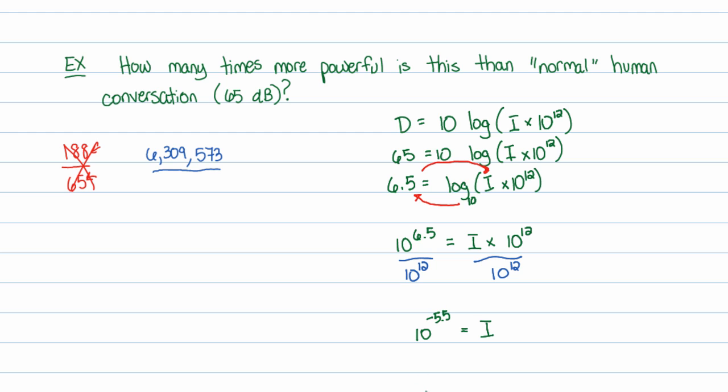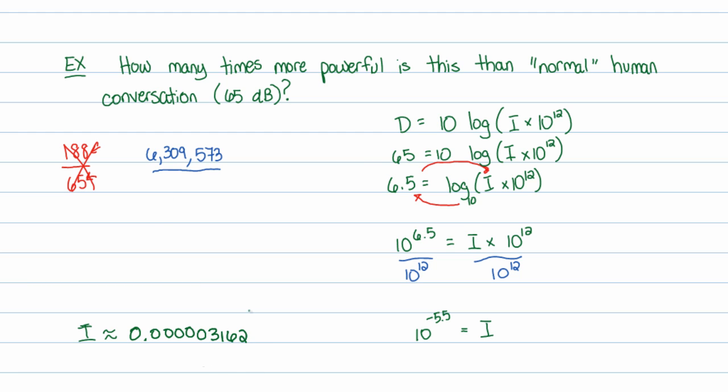So the intensity, the power level of normal human conversation, which is how much power you generate when you talk, is roughly equal to, well, all I'm going to do is plug this into my calculator that's in my hand right now. I get the following, that the intensity is roughly equal to 0.0000, I think I have one more zero in there actually, 0.316, and then there's some repetitive 2's, so I'll just say 2.